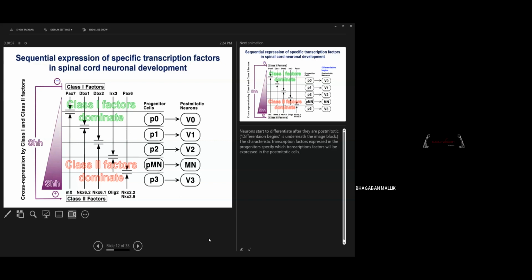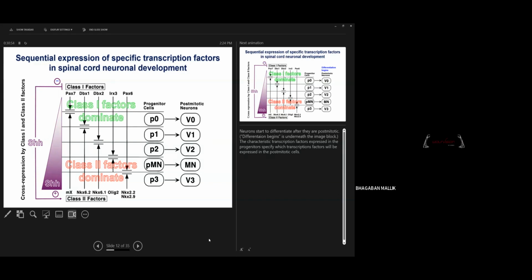So you have a higher concentration of sonic hedgehog in the ventral side, and because of that, the class 2 transcription factors, which contain a variety of genes, dominate in the ventral side, but the class 1 transcription factors dominate in the dorsal side.